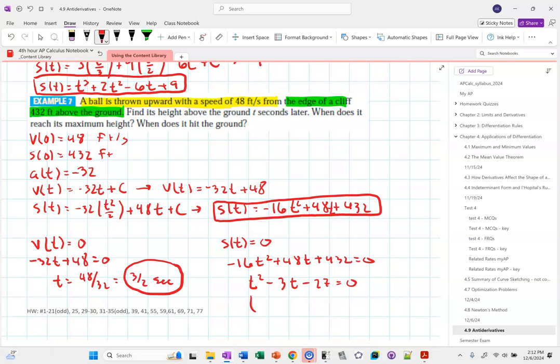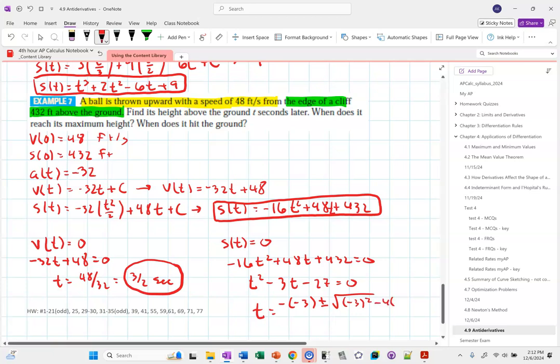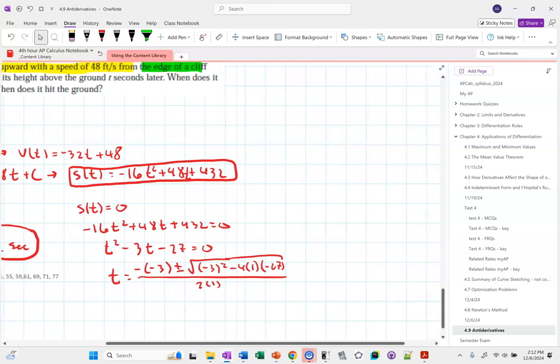I notice that's factorable. Yes. Right? No, it's not. I lied. It's not factorable. We've got the quadratic formula for that guy. All right, let's see.